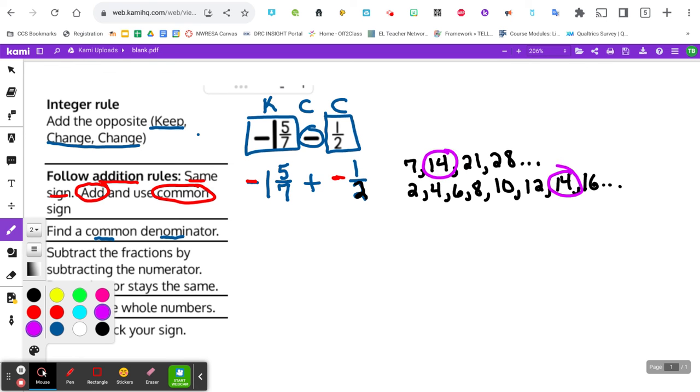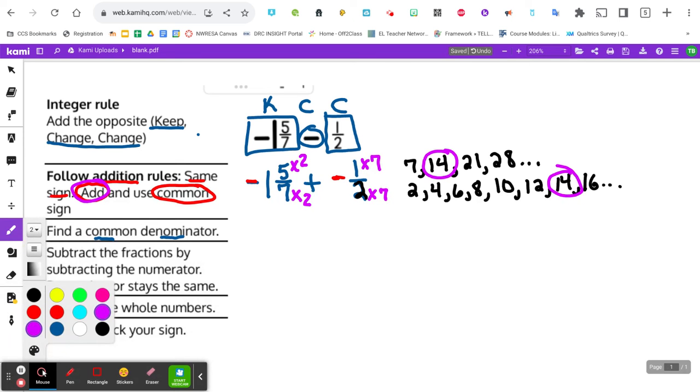So that's going to be our common denominator. So let's rewrite this and also keep in mind that we need to add those two numbers. So to change 7 to 14, I'm going to multiply by 2. But what I do to the bottom, I have to do to the top. And to change 2 to 14, I have to multiply by 7. And what I do to the bottom, I do to the top.